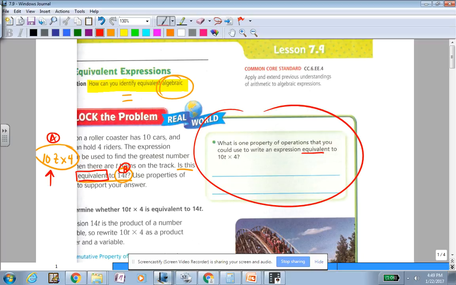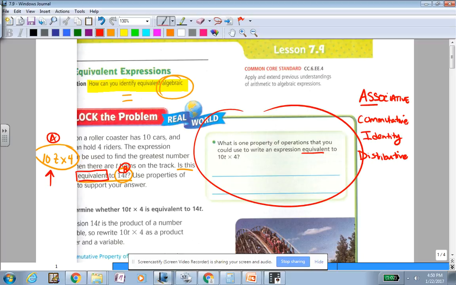Now, the other day we worked with algebraic expressions and expressions of operations, and we looked at a type of property called the associative property. We looked at the commutative property. We looked at the identity property. And we looked at the distributive property.